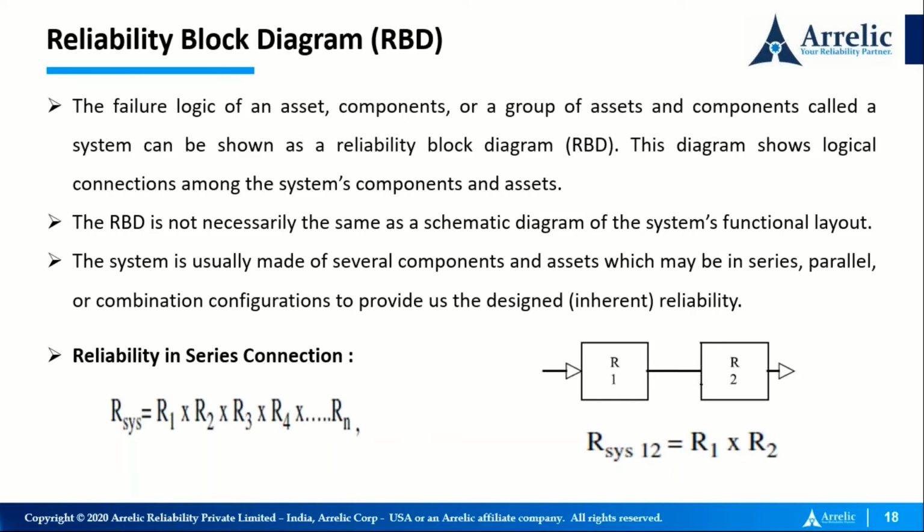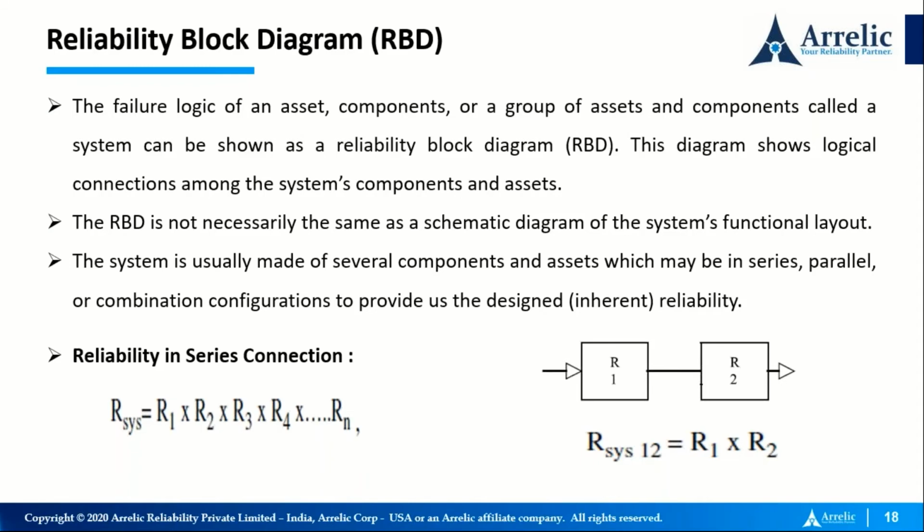Parallel means even if one equipment is down, as long as the other is functioning, then the system operates. But in reality, you usually have combination configurations to provide us the desired inherent reliability.